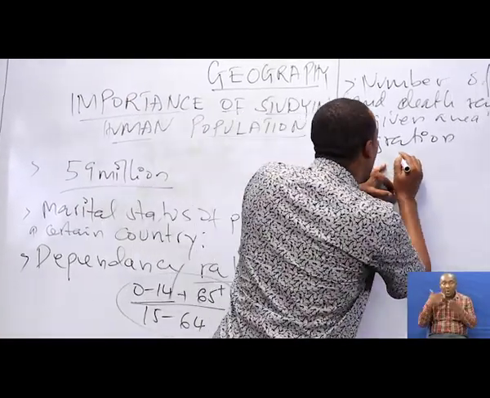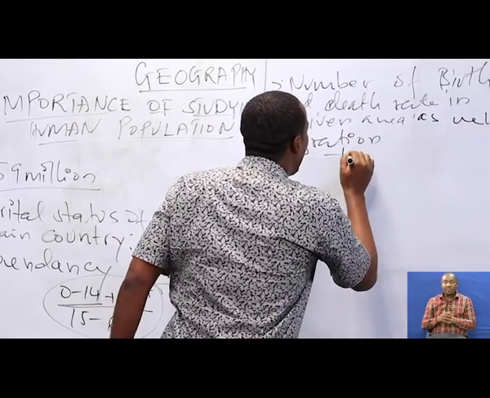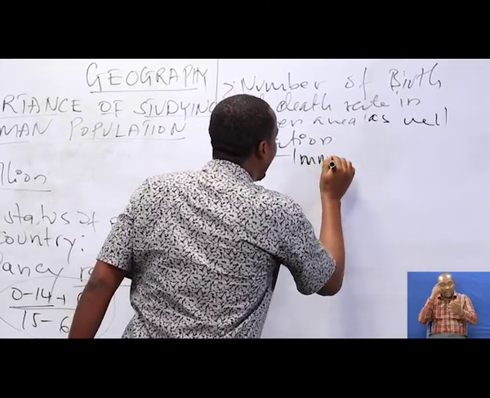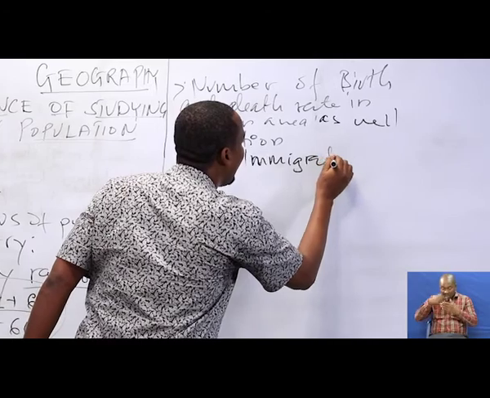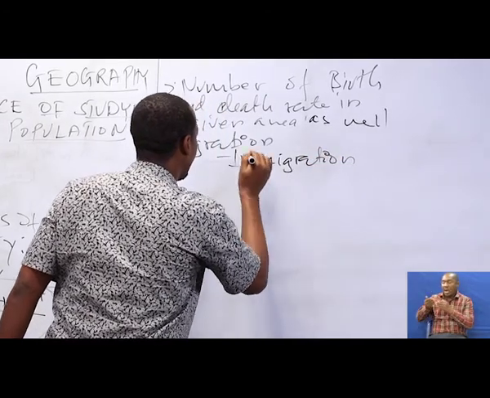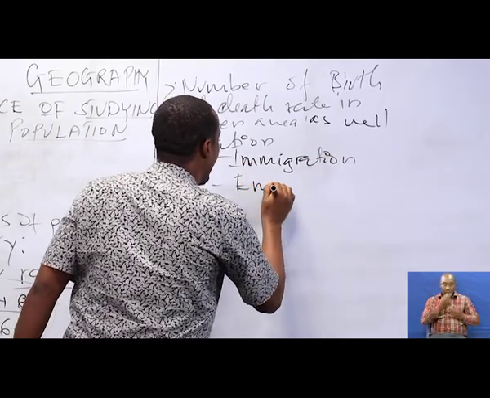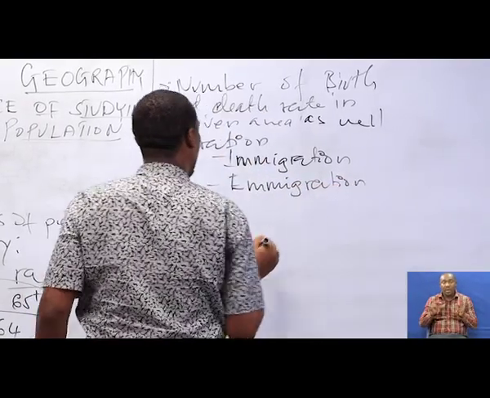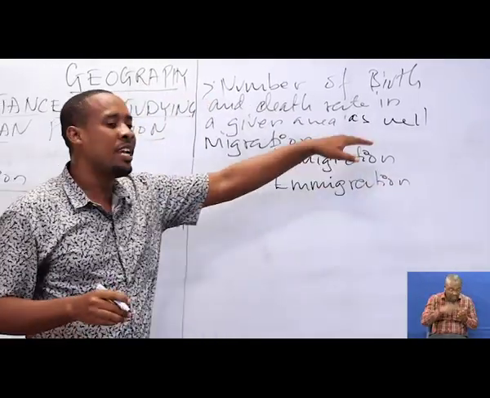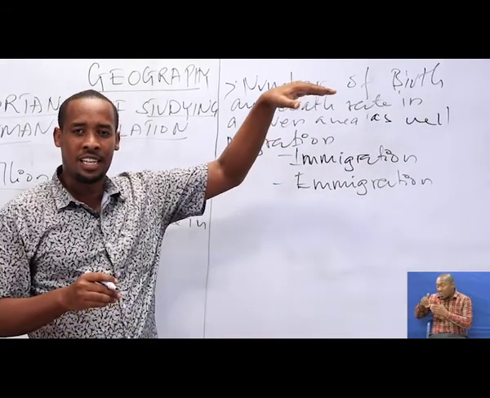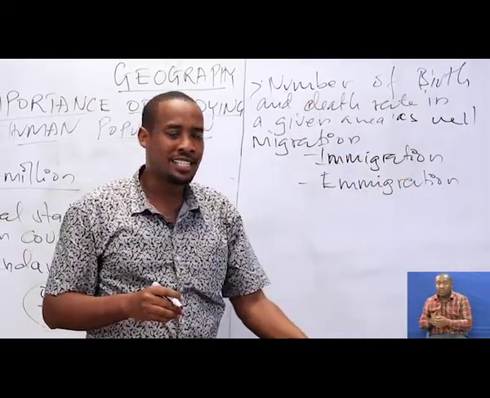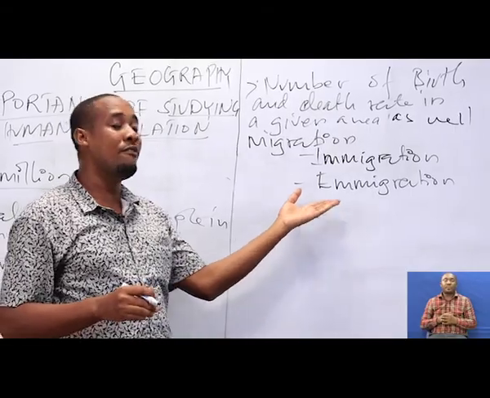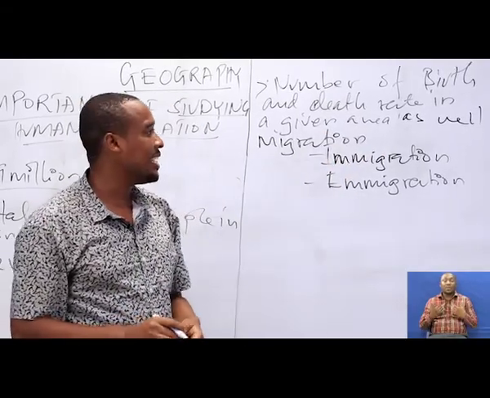Migrations can be immigrations, those people who are moving in, or emigrations, those people who are moving out from their areas. If people are moving in, this can lead to an increase in the population. But when they are moving out, the population can decrease.